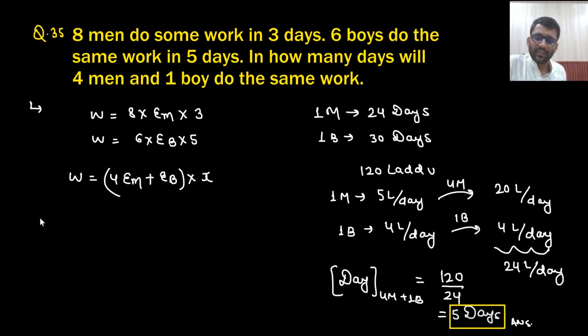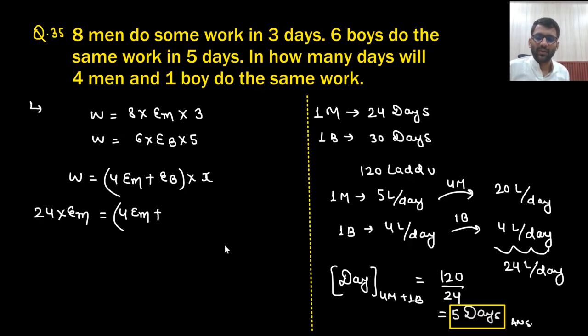So I can equate this to 24 EM, right? 24 into efficiency of man is equal to 4 efficiency of man plus efficiency of boy, you need to write. So you can equate both of them. 24 efficiency of man is equal to 30 efficiency of boy.